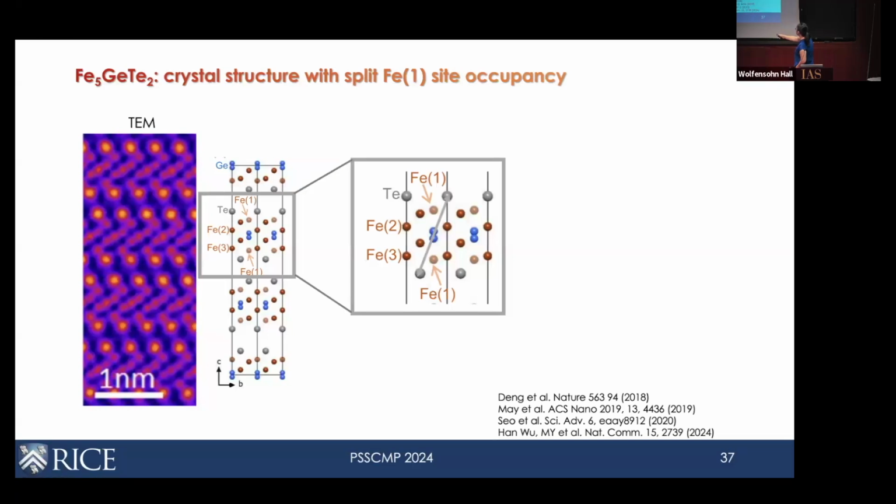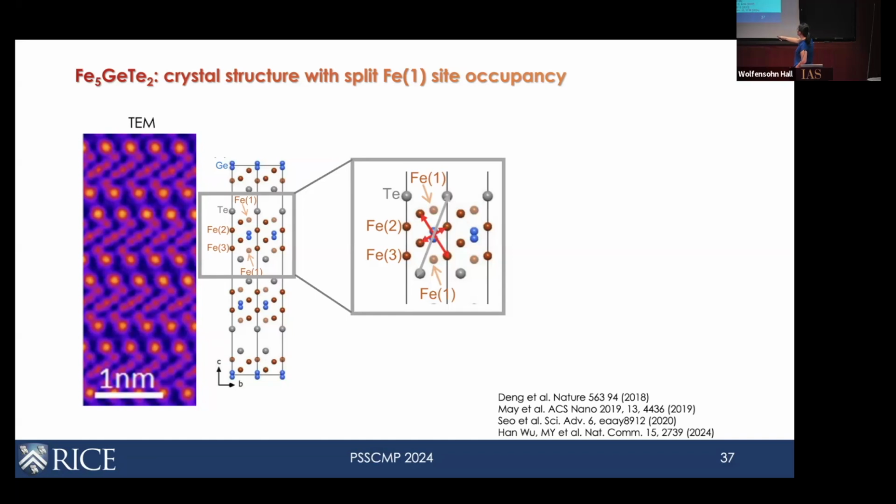So everything comes in pairs across this. You have the tellurium here on the outermost layer. Then you've got two pairs of Fe2, Fe3, which are inversion symmetric. These are all fully occupied as far as we know. And then the most important one is the last pair, these Fe1 sites, there's an up one and a down one.